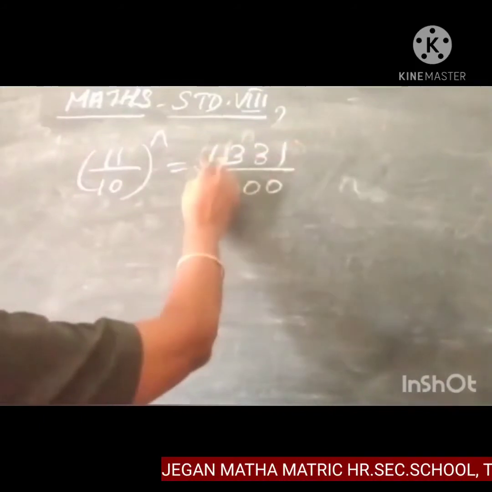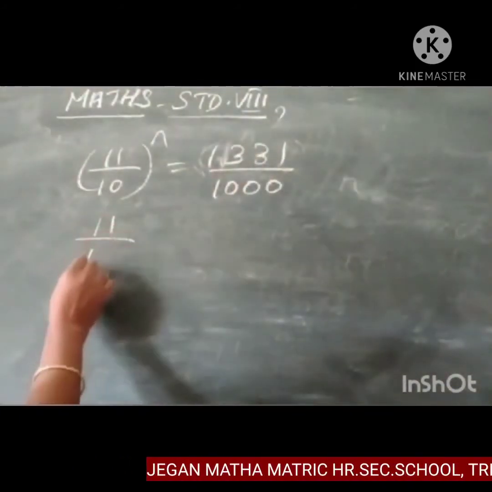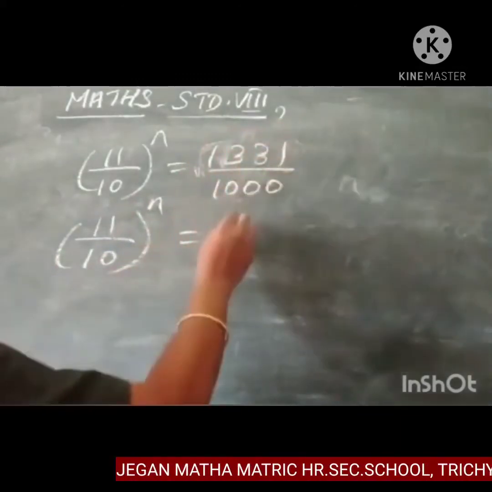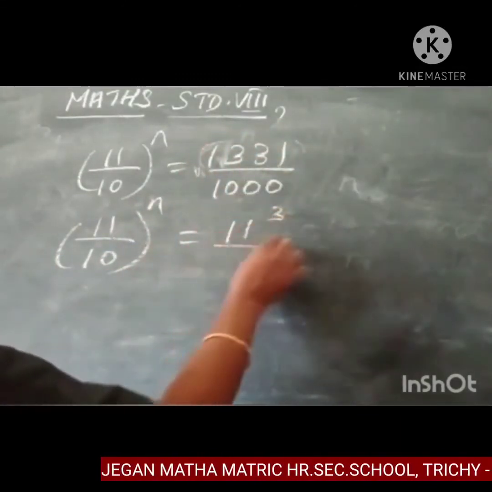So take the cube root of this one. 11 by 10, the whole power n equal to the cube root, 11 cube over 10 cube. Is it clear?